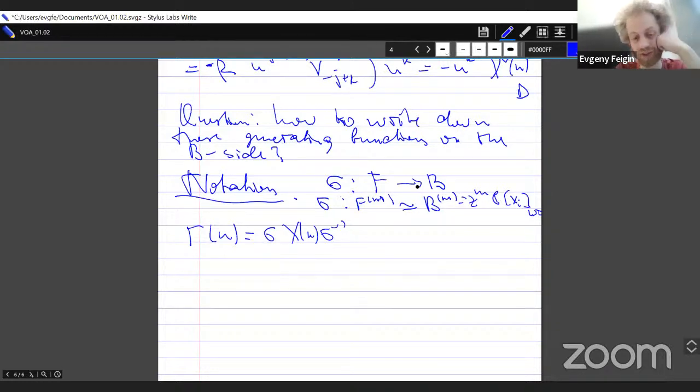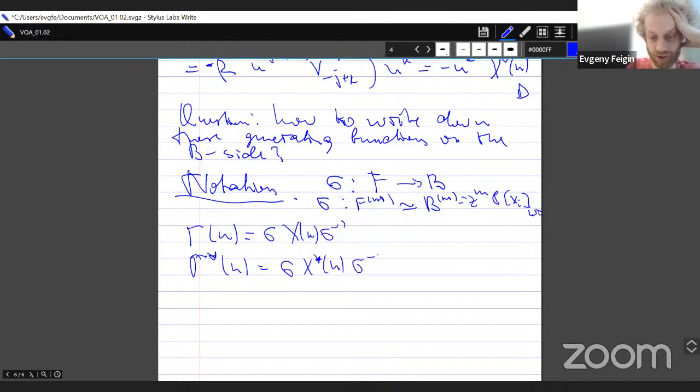So, in other words, you can take a vector from B, apply gamma of u, and the result is going to be a series with coefficients being vectors in B. Okay. And also we define similarly gamma star of u, which is sigma x star of u sigma inverse, like this. Good, very good. So this is our definition.